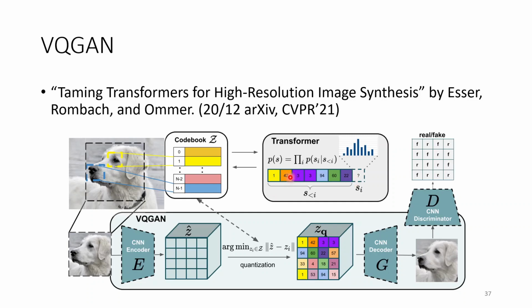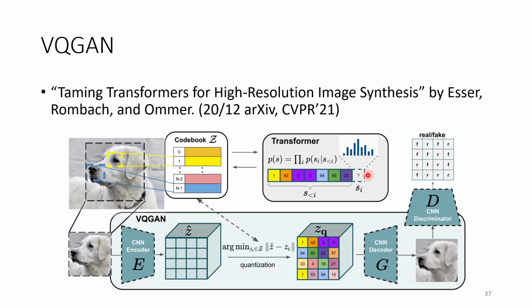Why? Because for GPT, we have a given sequence, then we want to predict the next token. For VQGAN, it's the same. Given a sequence of existing latent codes, they want to predict the next.